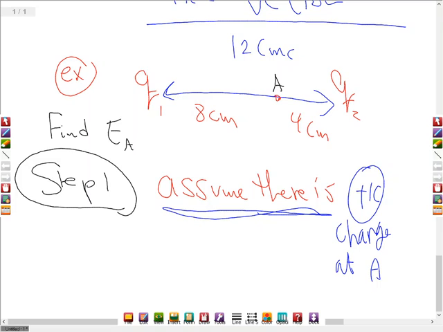It will not affect my calculation, but it will help me find the direction of the field. Not negative, always positive.